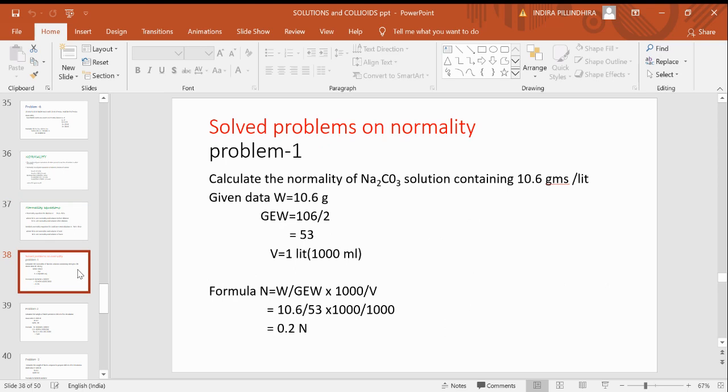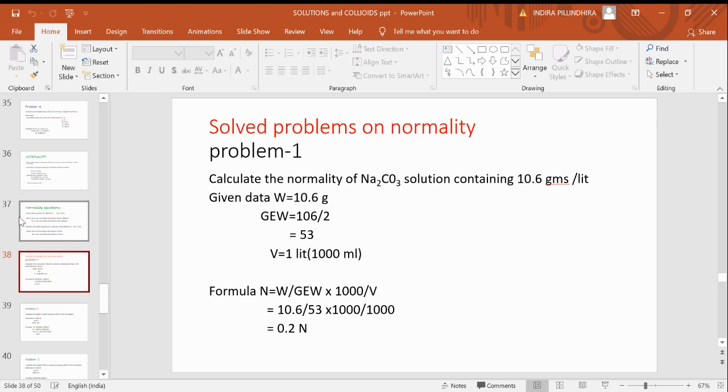As we know, the normality expression is N is equal to W by GEW into 1000 by V. If you observe this equation, there are four factors: one is N, another is W, another is GEW, and another is V. That means all the problems that we are going to do are very simple problems, just a substitution. Out of the four factors, they will give three factors, and we have to find the fourth one.